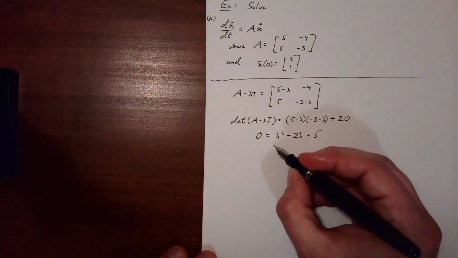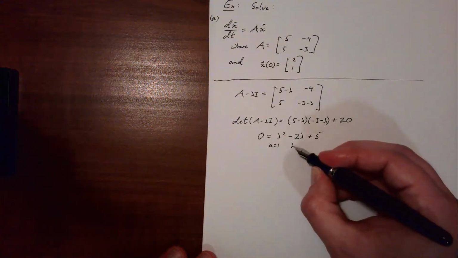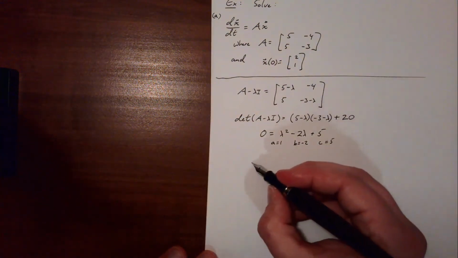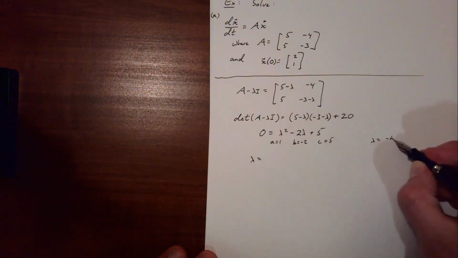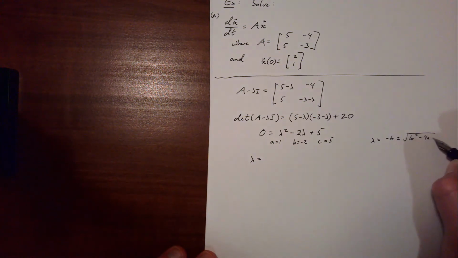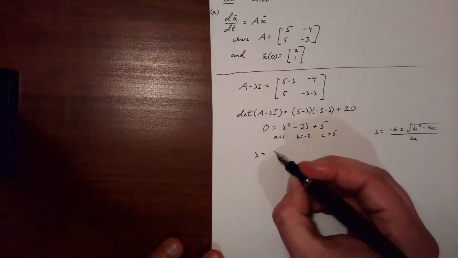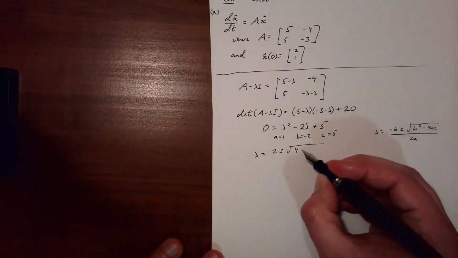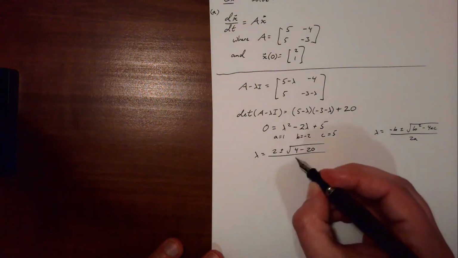We could do a difference of squares type thing, but let's not worry about that right now. Let's just use the quadratic formula, a, b, and c. So -b plus or minus the square root of b squared minus 4ac, all divided by 2a. So it's going to be positive 2 plus or minus the square root of 4 minus 20, divided by 2.